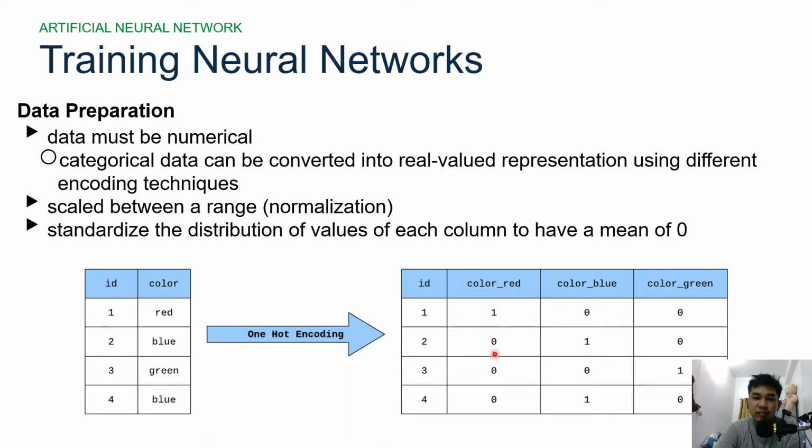If it is not naman, 0. Blue, put it 1. Green, put it 1. So depende. You could have it like this, or you could have it like this sa other representation. So scale between a range, no, or normalization. So pwede siya na scaled, i-normalize mo siya from 0 to 1 values. So standardize the distribution of values of each column to have a mean of 0.